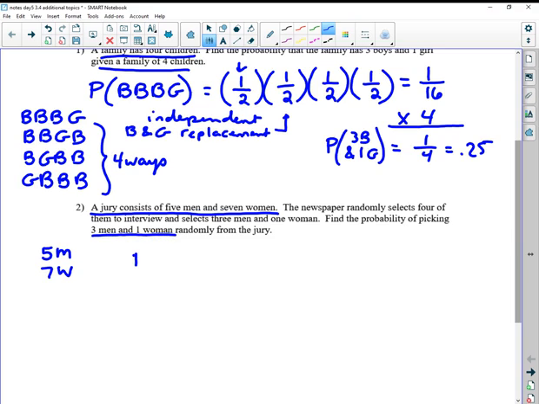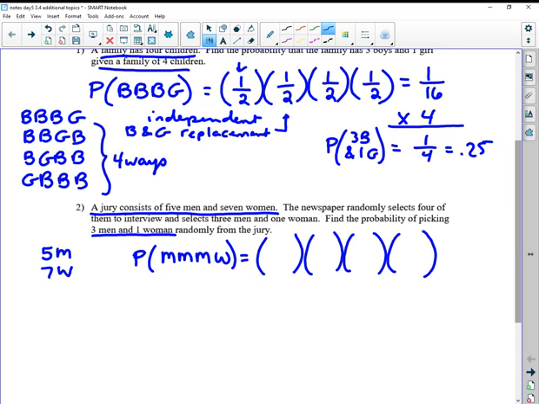So we're going to pick a man, another man, and then a woman. And so again, it's 4 events happening, picking these people out of the group, but it's not half for a boy or a girl. We've got to get a man in this first parenthesis, and there are 5 of them out of 12 in all.